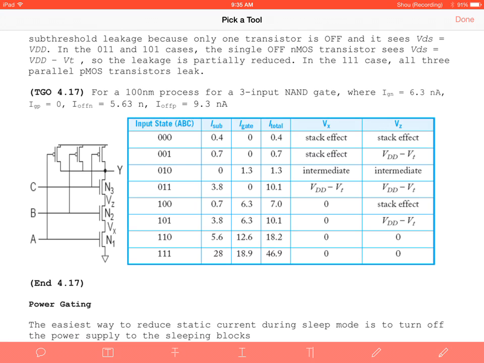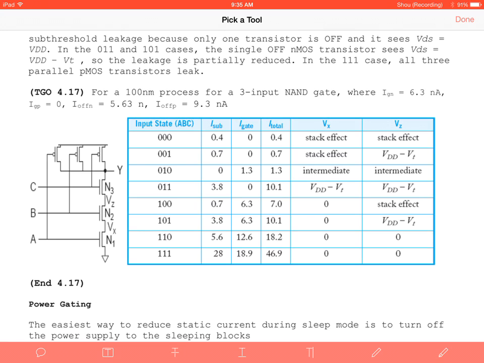For 0, 1, 1, this is the only transistor that's currently off. So taking advantage of the stack effect, these 2 transistors are on, so you have a current being driven to this transistor, and this transistor has to dissipate the power in order to ensure that, because at this point, we still have 0, 0, 1, right?